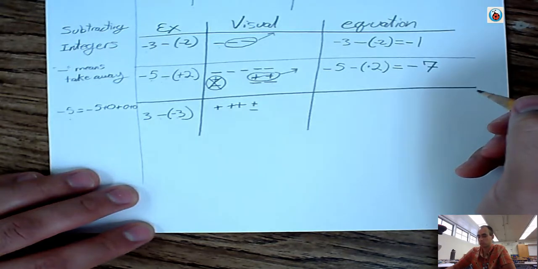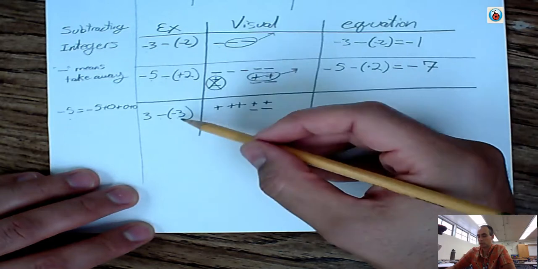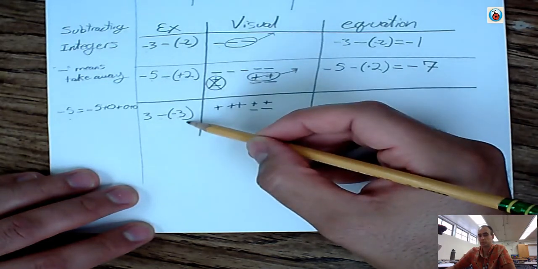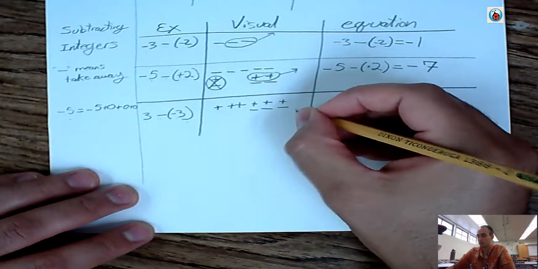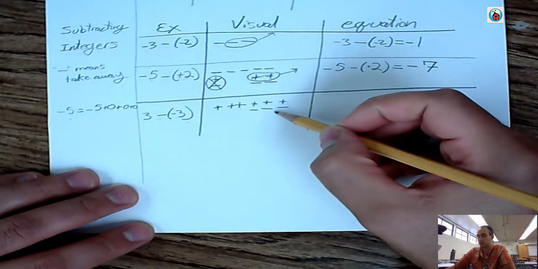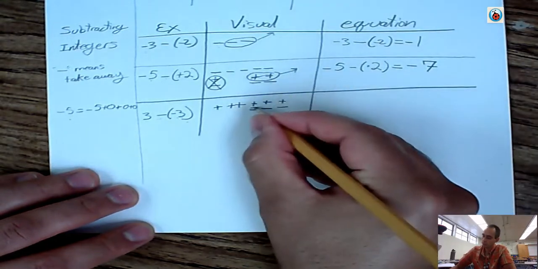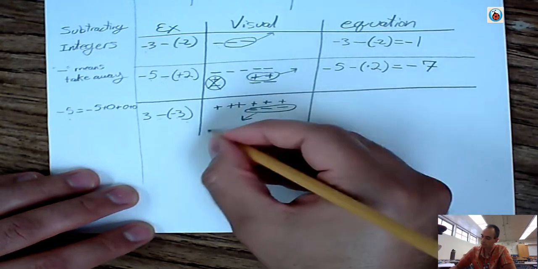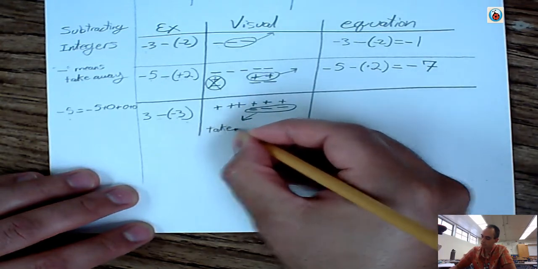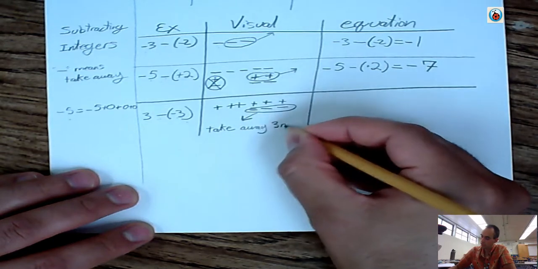No. Do I have 3 negatives yet to take away? Still no. Do I have 3 negatives yet to take away? Now I do. So I'm going to take away three negatives.